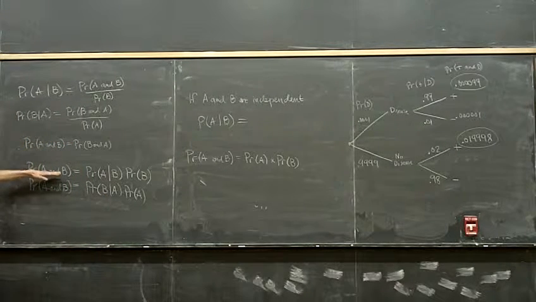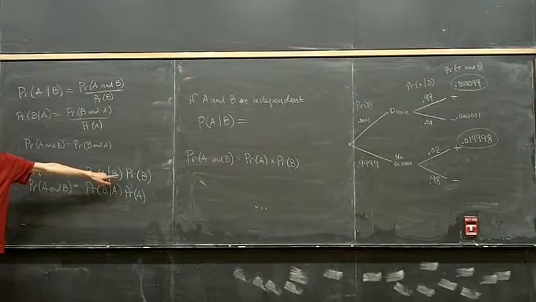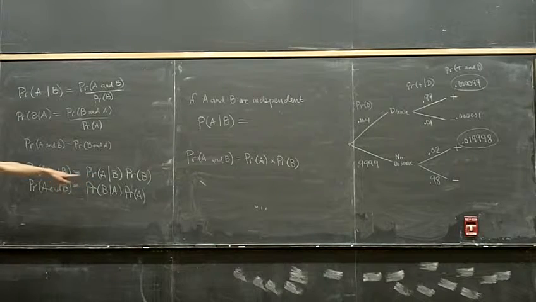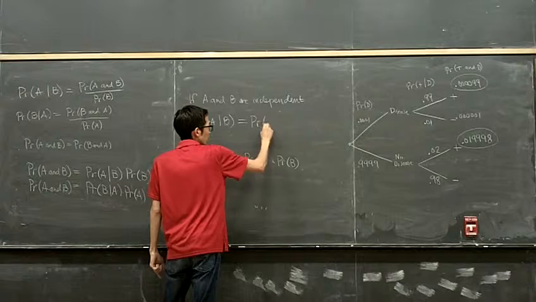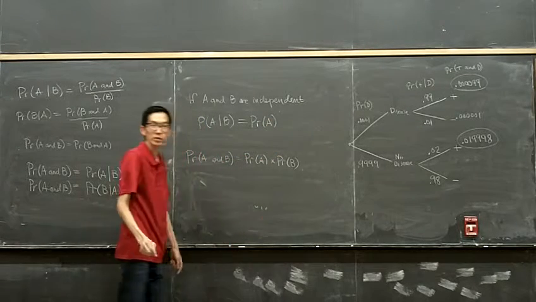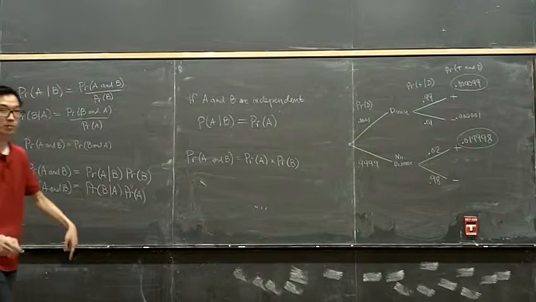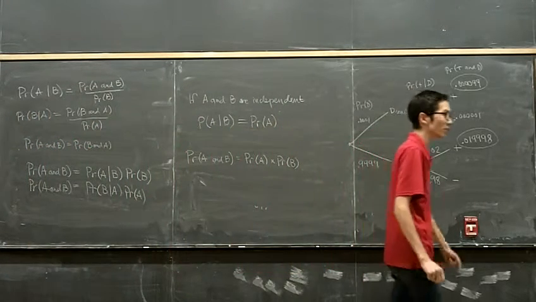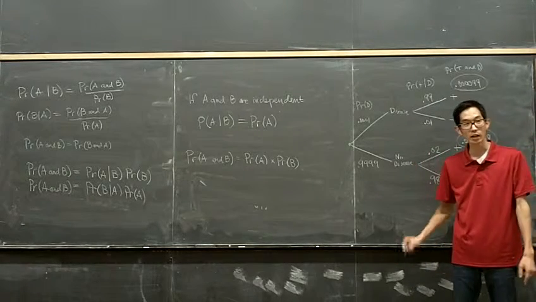I got the probability of A and B is equal to the probability of this thing times the probability of B. What we've got going on is that this is equal to the probability of A. If A and B are independent, the probability of A given B is just the probability of A.